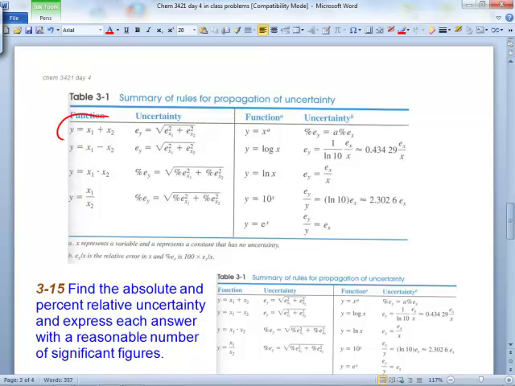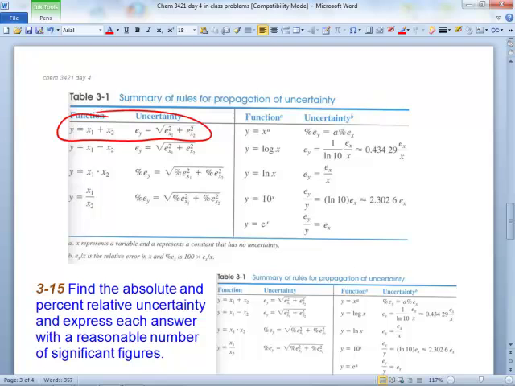If you're taking two measurements and you're going to add them, each measurement has a plus or minus to it, and you want to know the error in the result, you have to use that circled relationship. Now the uncertainties for those measurements, EX1 and EX2, don't have a little percent by them, so you have to plug in the absolute for this to work.